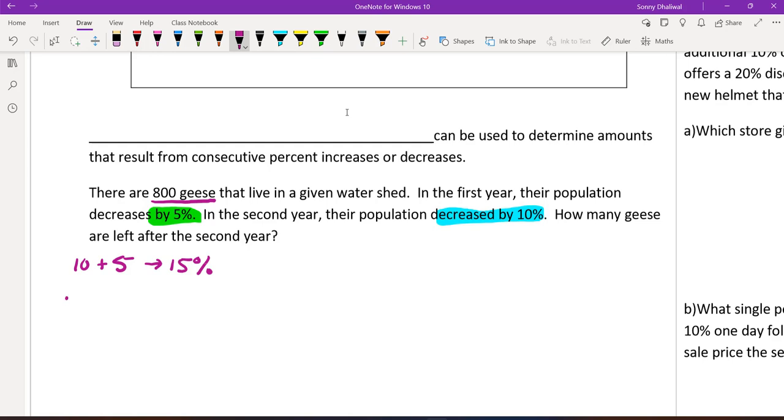If we turn this into a decimal, we divide by 100, then we multiply. What number do we get? Use your calculator. What number do you get?